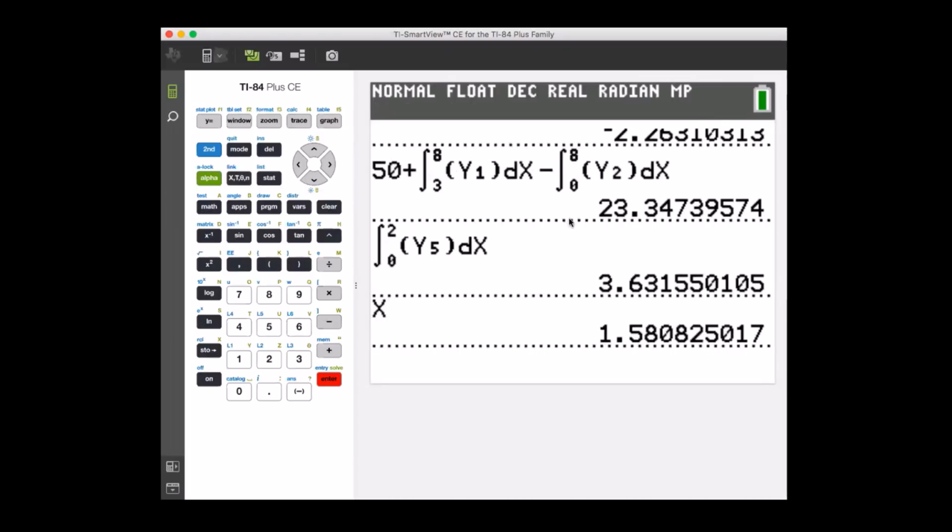So as long as you don't move that cursor, it stores that x value into the x menu for you. You definitely don't want to keep it there, because if you find a different point, or if you move the cursor, it's going to change it. And you might want to find another point later on. But if you're doing area volume problems especially, this is a really helpful thing if you need more than 1 point of intersection.